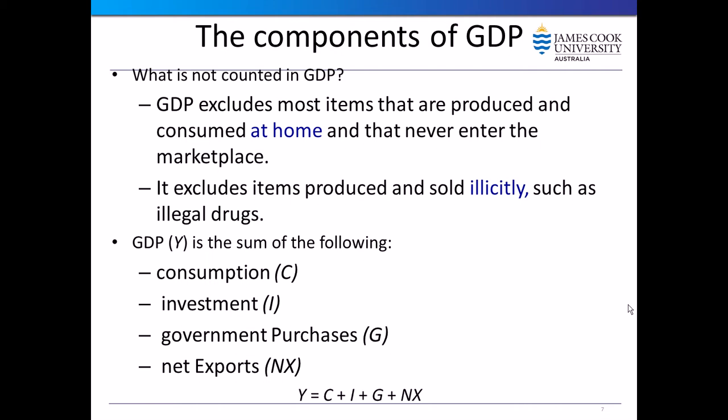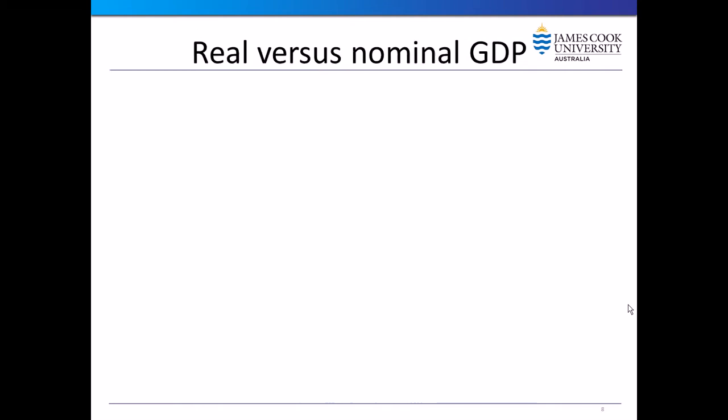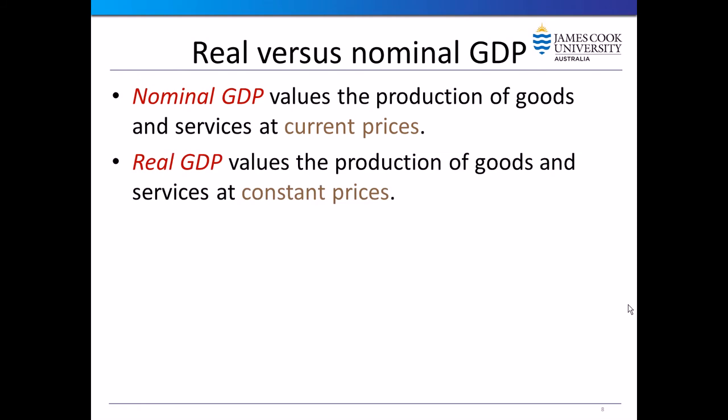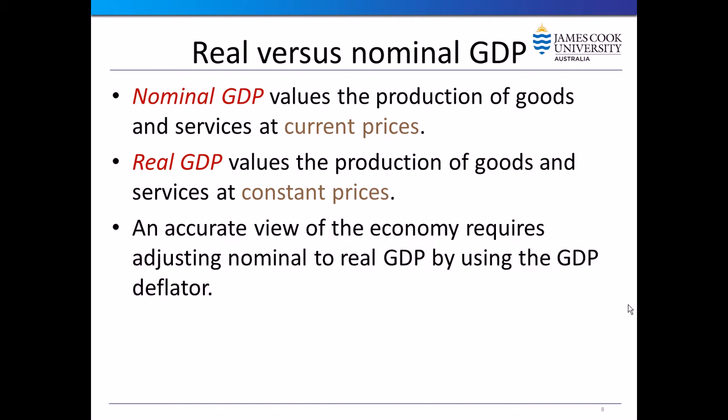Okay, when we talk about GDP, there are 2 types here. Nominal GDP values the production of goods and services at current prices. The second type is real GDP. It values the production of goods and services at constant prices. So an accurate view of the economy requires adjusting nominal GDP to real GDP by using the GDP deflator.